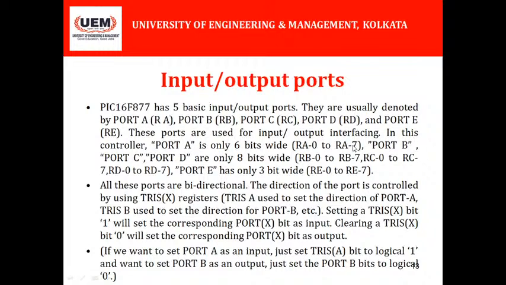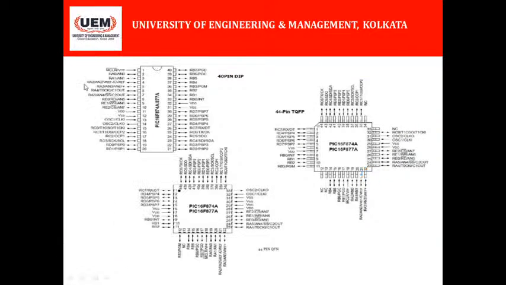Port B, port C, and port D are 8 bits wide, so it should be RB0 to RB7, RC0 to RC7, RD0 to RD7. But port E is 3 bits wide, so RE0 to RE2. Look at that, there are exactly 3 pins for port E: RE0, RE1, RE2. So 3 pins are there for E.